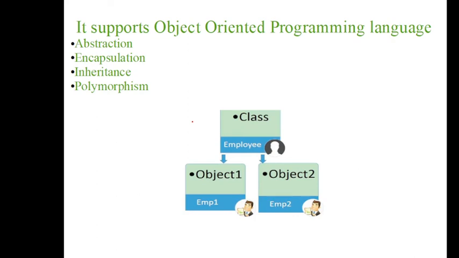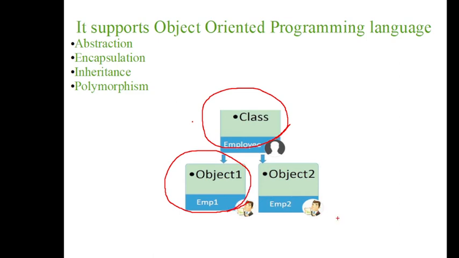In the object and class concept, the class is a virtual one, and the object is a physical one. If I say an employee of a company, we don't know who the employee is, so it's a virtual one. The class is always virtual, and an object means employee 1 of this company, which we can find, so this is a physical one.